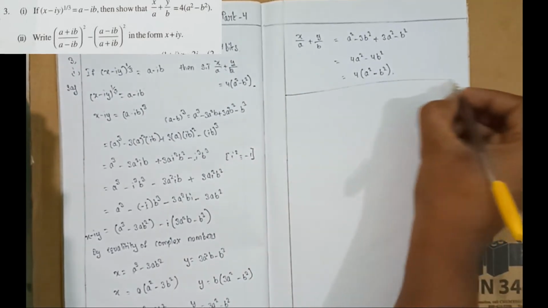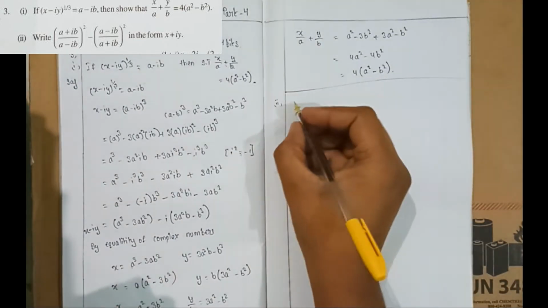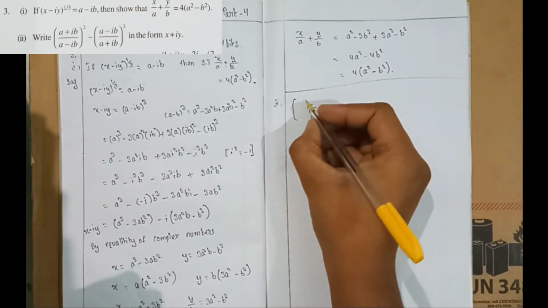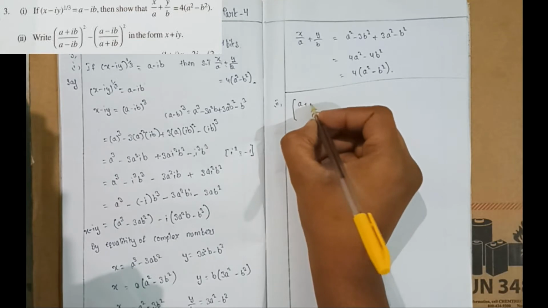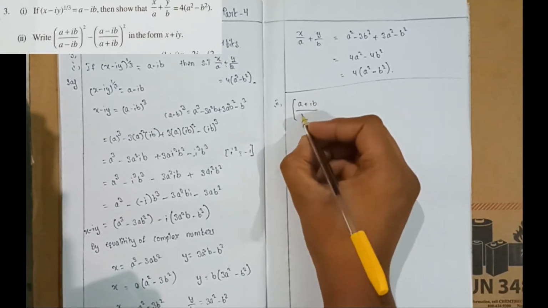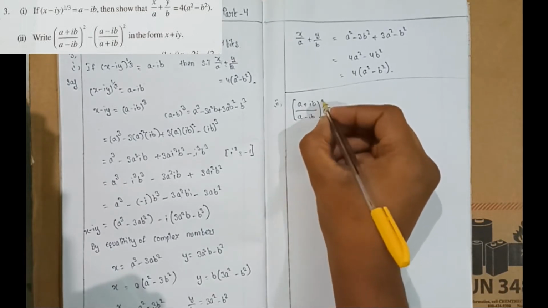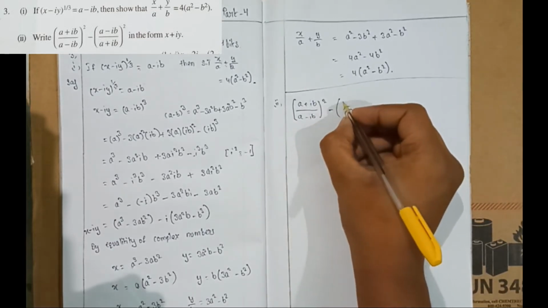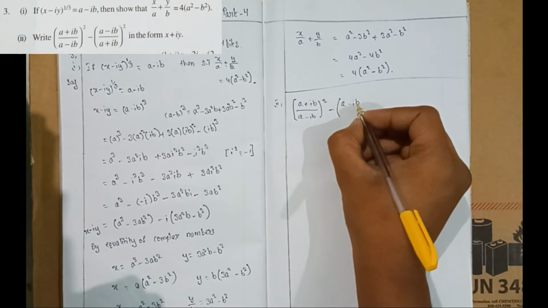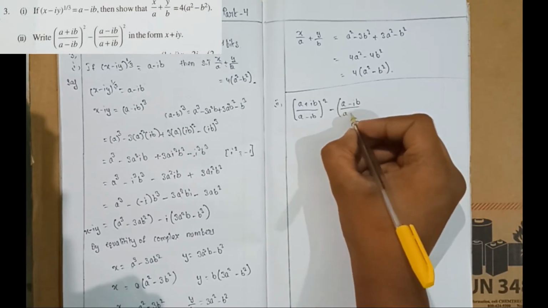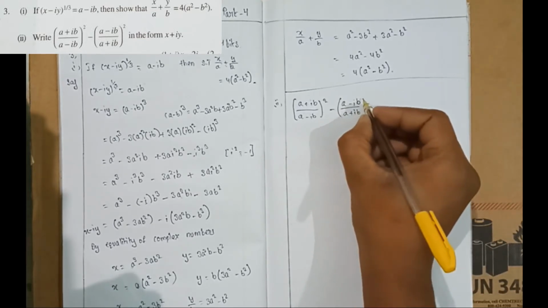Now next one, second one. In the question they gave (a plus ib) by (a minus ib) whole square minus (a minus ib) by (a plus ib) whole square.